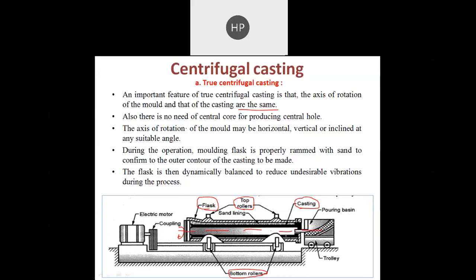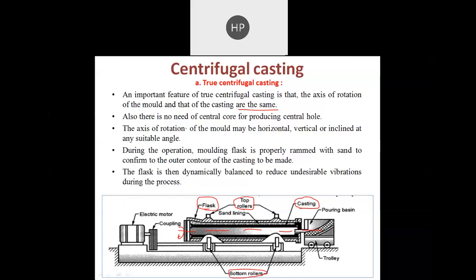And as we can see in this diagram, we can produce a hollow pipe. Okay, we can make a product which is a pipe, and the pipe is generally hollow at the center. If we compare this process with the sand casting process, in sand casting, to make the product hollow, we generally use a core, which is made up of sand.